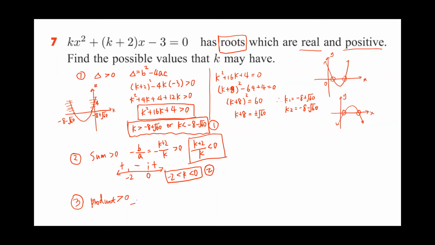So that would be -3 over k above 0, because that's a over the denominator and c the numerator. Do you agree with that? If that's above 0, k has to be below 0 because it's negative. Agree?